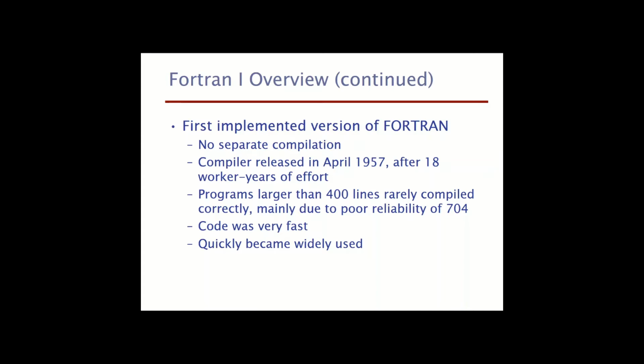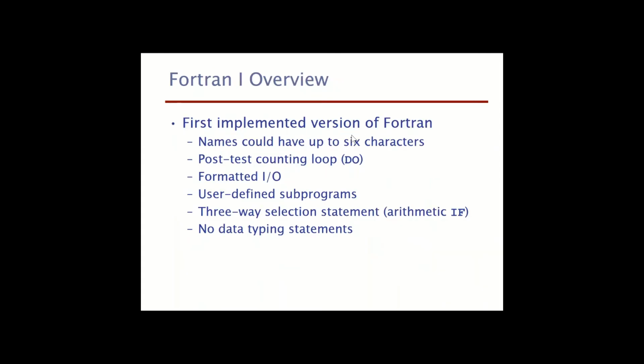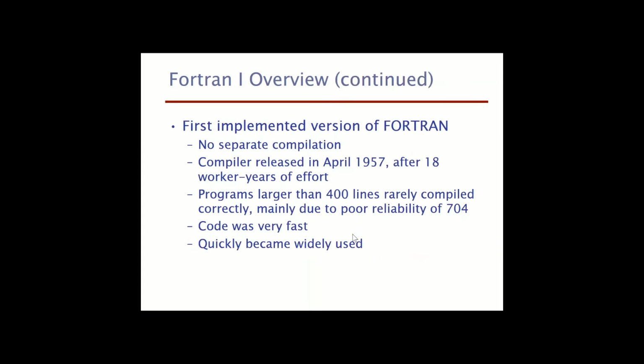Alright, now, which machine did we use? Again, we said the IBM 704, and I really call upon you to go and check its specifications to understand what I'm saying now. The problem with this machine was that it was really limited. So if you write large programs in Fortran 1, what happens if you try to compile them?